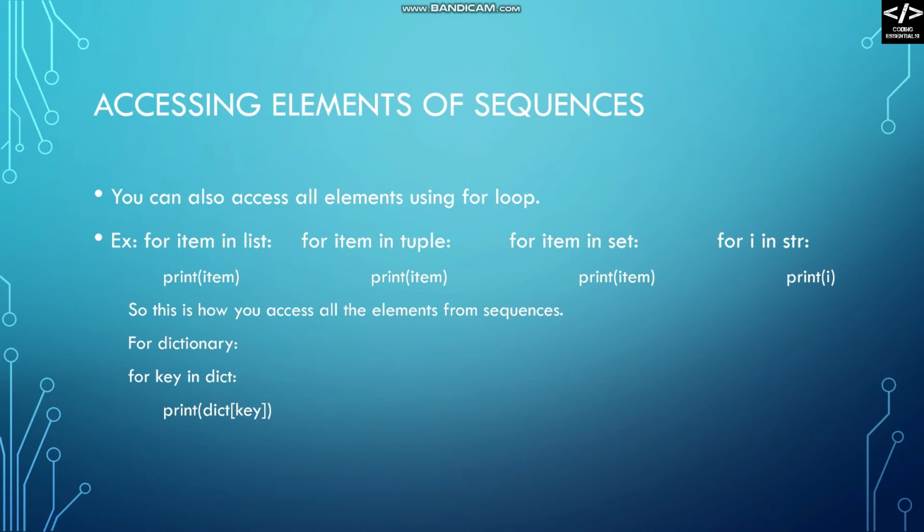There are many methods to access different types of iterables in different videos. Now we will see how to access all the elements of all types of iterables using for loop. So the common ones will be list, tuple, set and string, and different would be dictionary because of its key and value pair. So let's start with list.